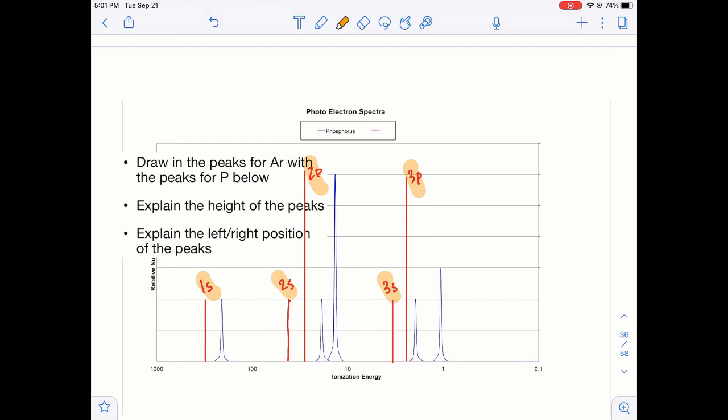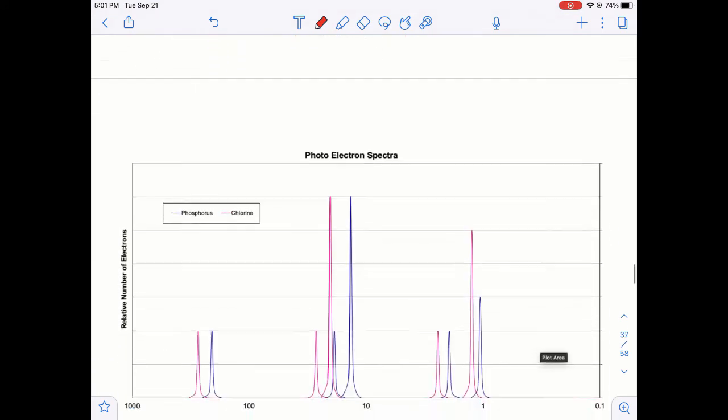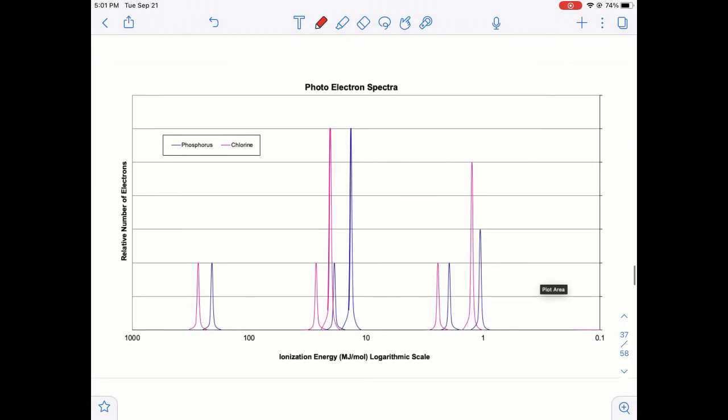Whereas the 3p for argon has 6 electrons, but the 3p for phosphorus only has 3. Now this is what it would really look like with the actual values. But again, I'm not overly concerned that you get the exact values perfect. I'm looking at, did you get the relative positions correct?